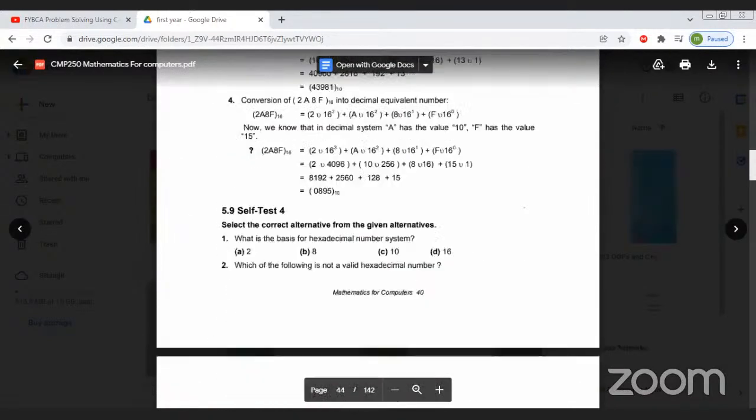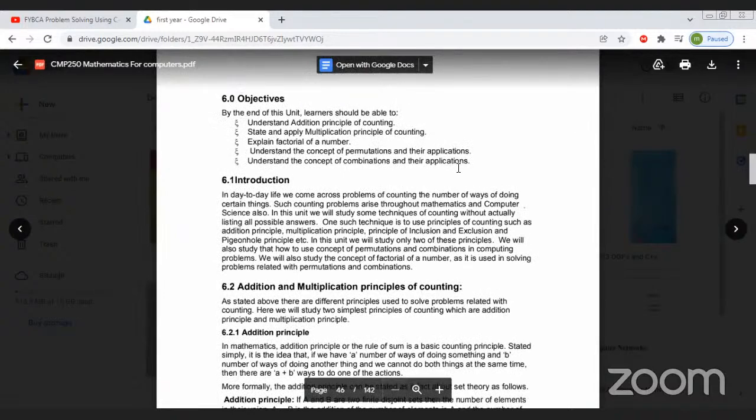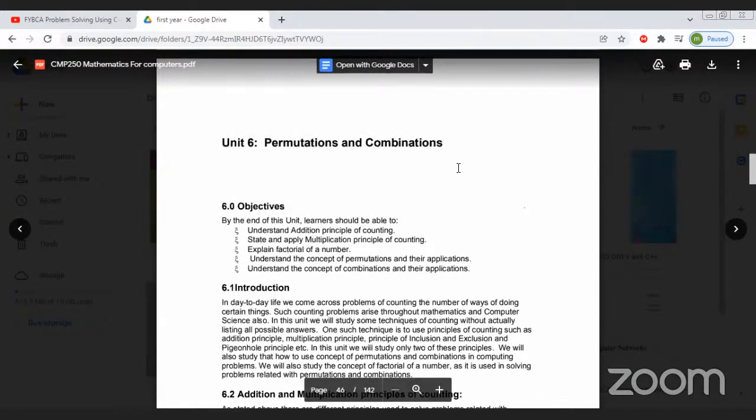Now, till 11th and 12th we studied permutation and combination. What does permutation and combination mean? We know the formula, nPr equals n factorial upon n minus r factorial, and so on. But what do you mean by permutation and combination? Permutation stands for arrangements of letters.